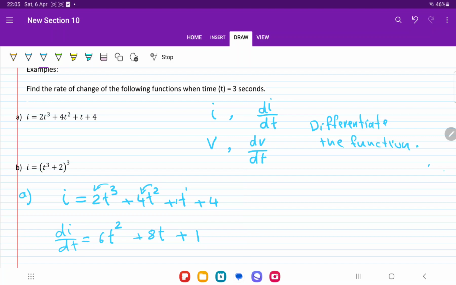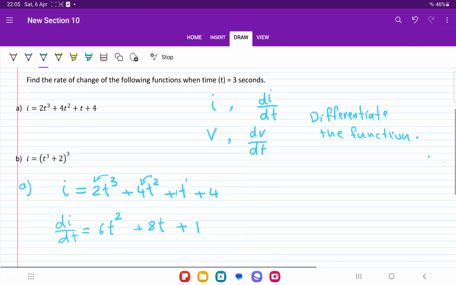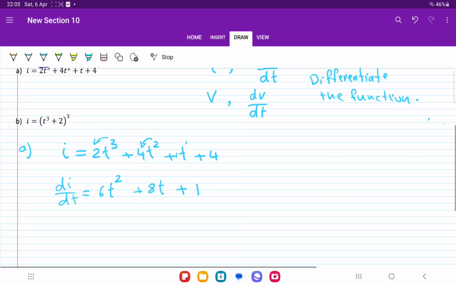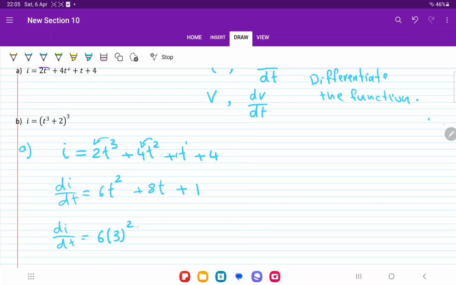So the final step is he wants us to find out di by dt, or the rate of change of current, when t is equal to 3. So all we need to do now is replace t by 3. So 3 squared plus 8 times 3 plus 1.